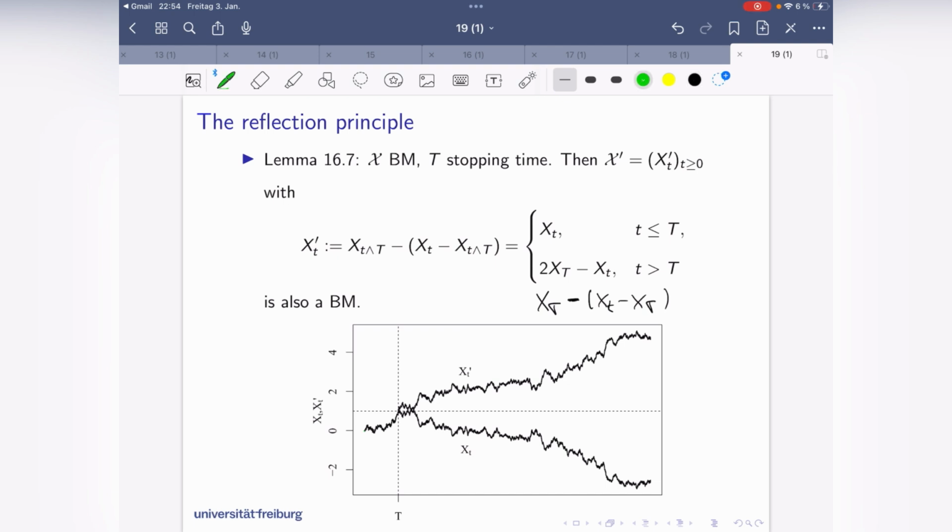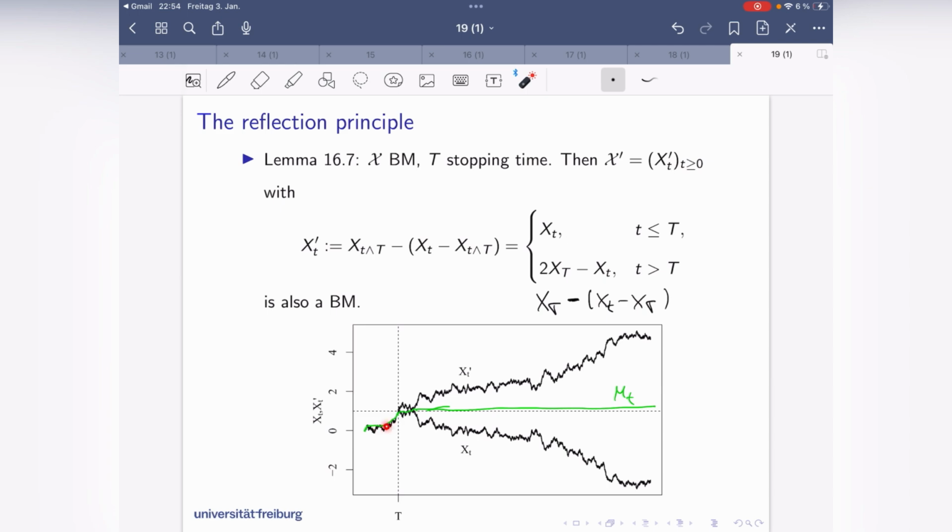That's the maximum process. So here, that's the maximum. Maybe like this here. And from here on, the Brownian motion is not above this thing here. So this here is the maximum process of Brownian motion Xt. It's not the maximum process of Xt prime. It has the same distribution. Well, that's a different story.